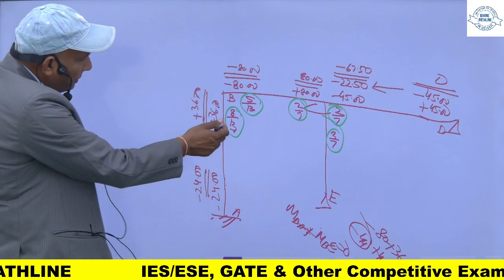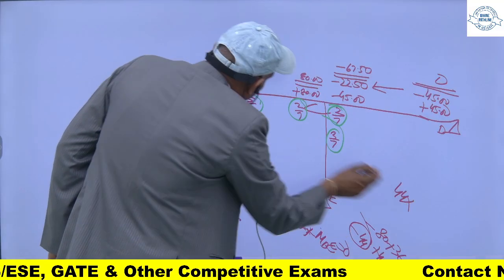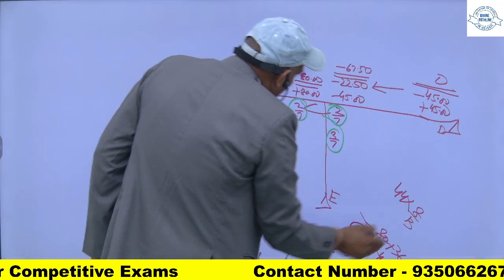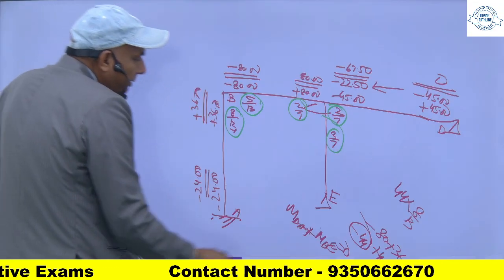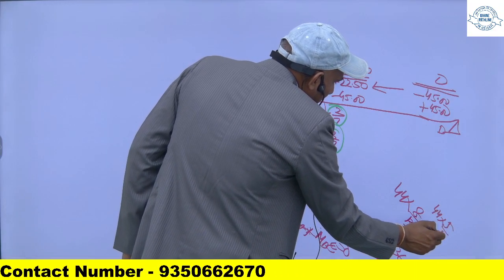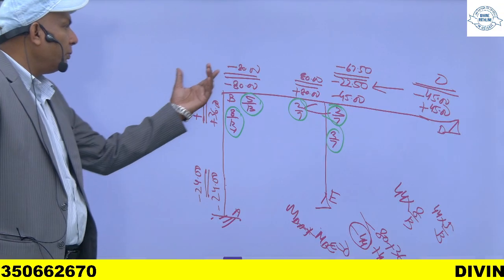So for this member I will multiply this 44 by 8 upon 13, and for this member I will multiply this 44 by 5 upon 13. This way I will get some moments here.